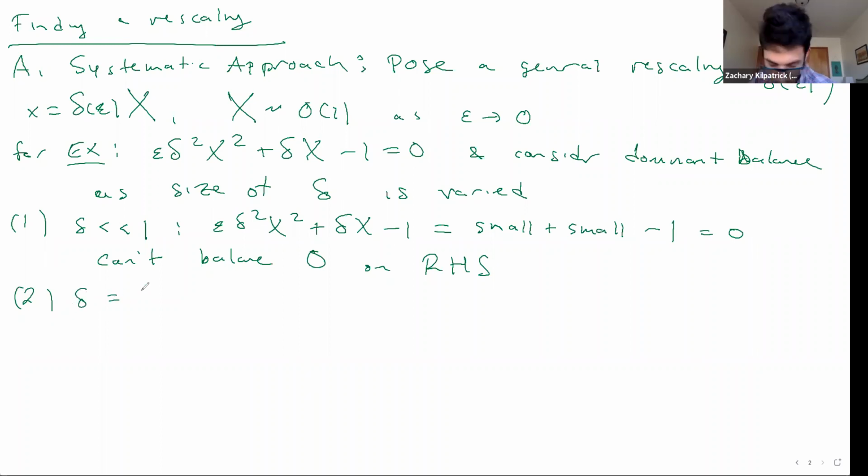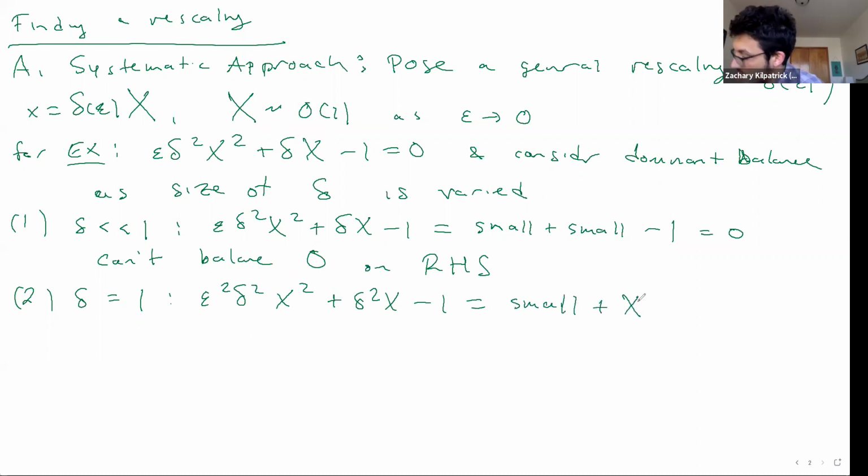Next approach is that we essentially do nothing and we take delta equals 1. Now we know that this is probably not going to work, but let's just see what we get when we look at delta equals 1. Well, in this case, our quadratic ends up giving us something small, plus x minus 1, and that needs to equal 0.